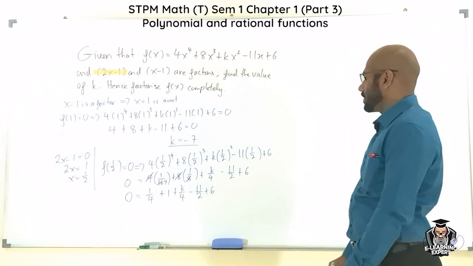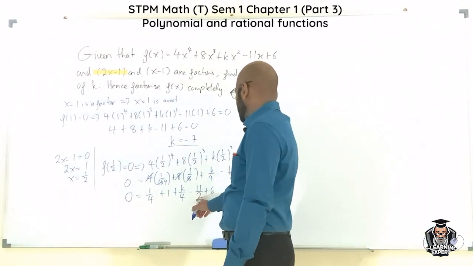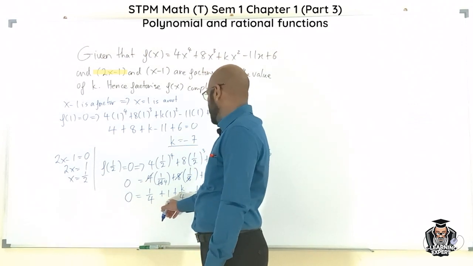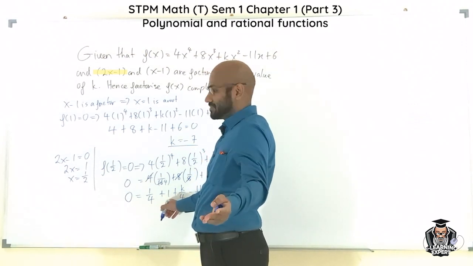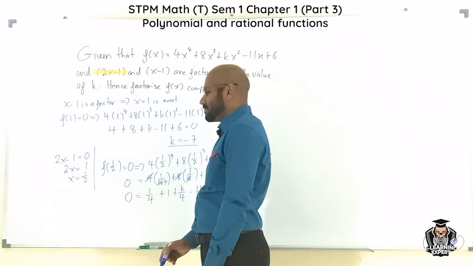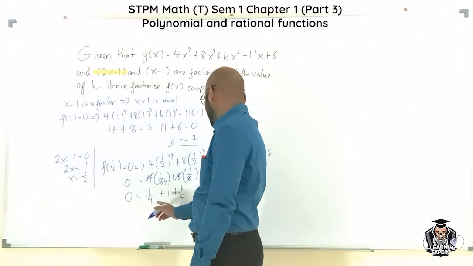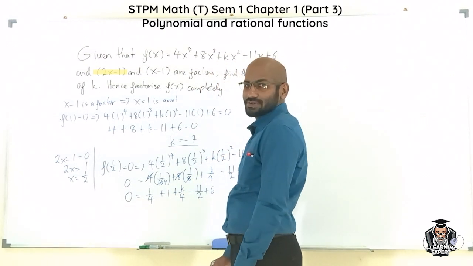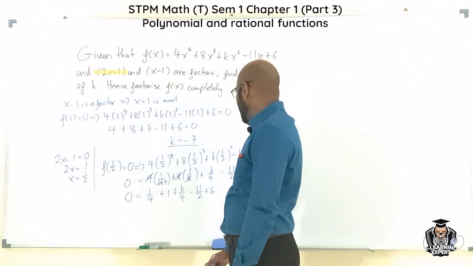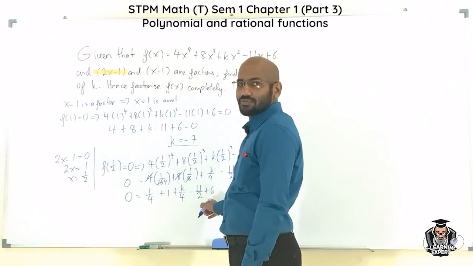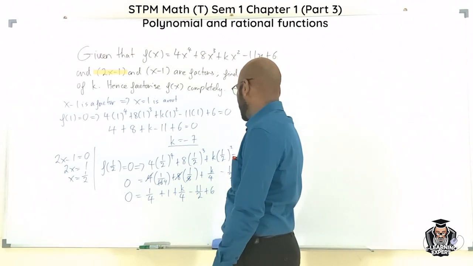Simplifying the fractions, what do we have over here? 1 over 4 plus 1 is going to be 5 over 4. And then 5 over 4 minus 11 over 2 is going to be minus 17 over 4. Minus 17 over 4 plus 6. What do I have?